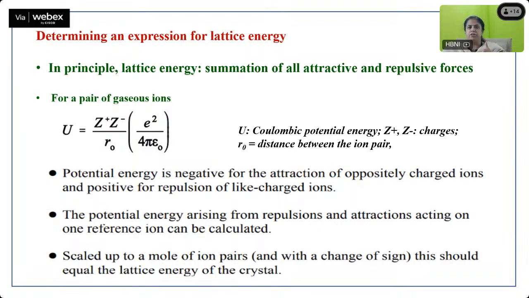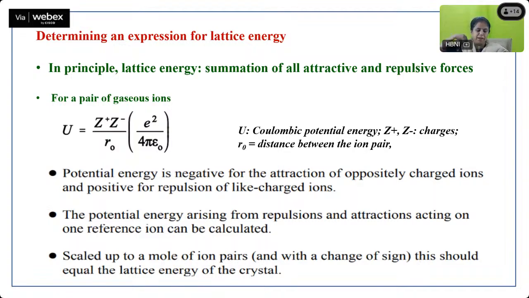Now, there is potential energy due to repulsion and due to attraction. Potential energy is negative when we are talking about attraction. Potential energy is positive when we are talking about repulsion.